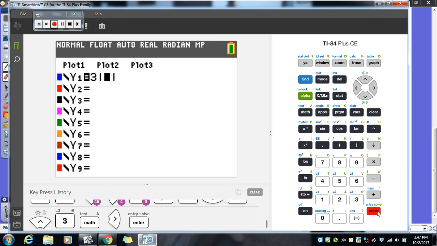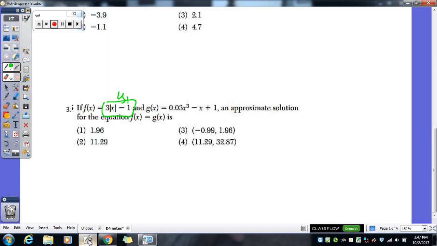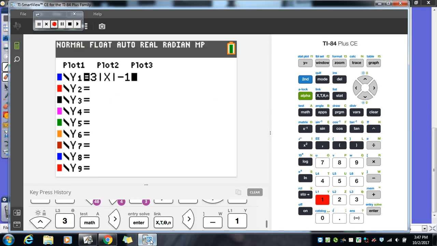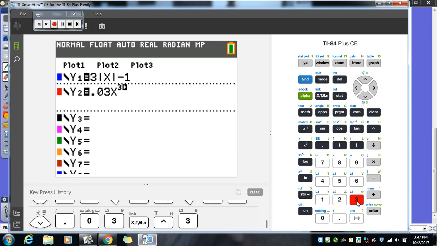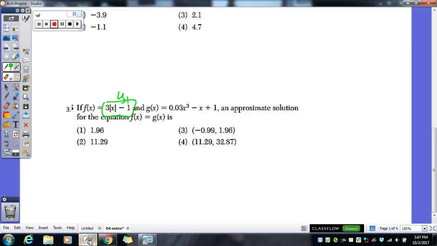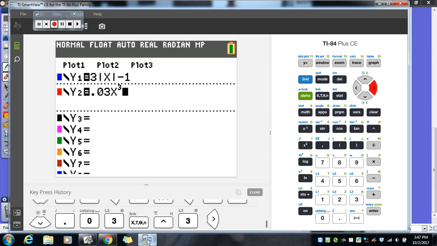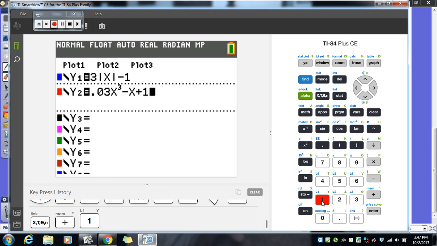And then we want 0.03x cubed, minus x plus 1.